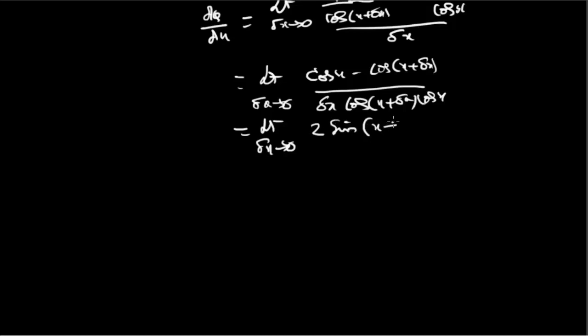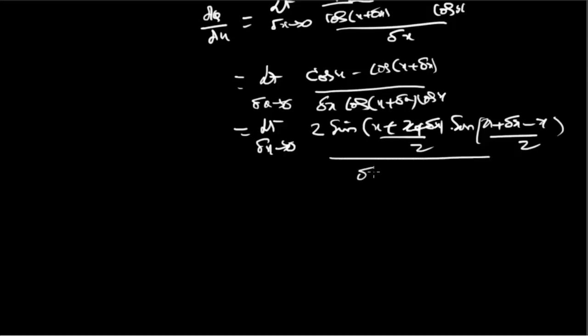C is what? x plus delta x by 2 into sin of d minus c by 2, because we have not written the minus sign here. So x plus delta x minus x by 2, denominator along with the delta x, you write the whole thing into cos of x plus delta x into cos x.